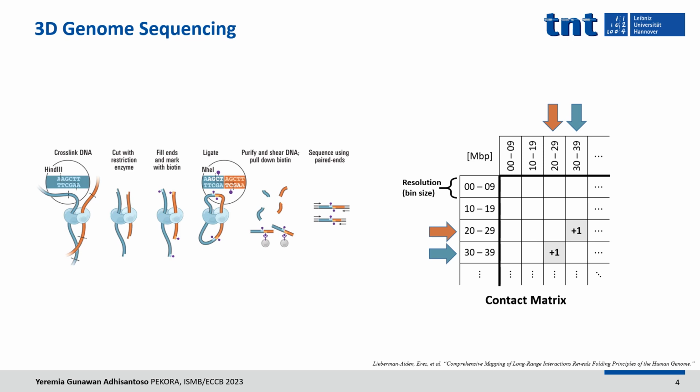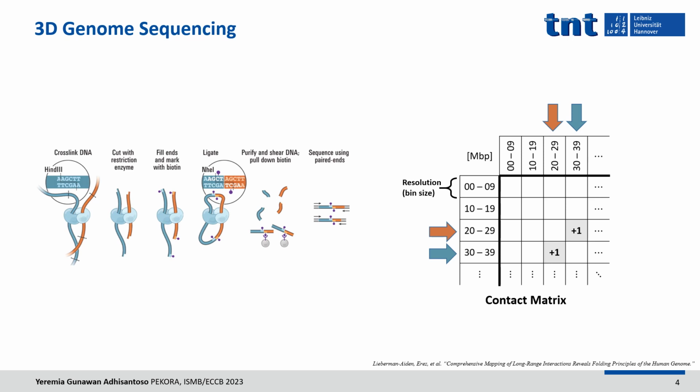So assuming that the blue part is located at positions 30 to 39, and the orange part is located between 20 and 29, we create a matrix called a contact matrix, where we add a count of 1 to that specific loci. The loci are then partitioned into a certain size called bin size, or furthermore called resolution.